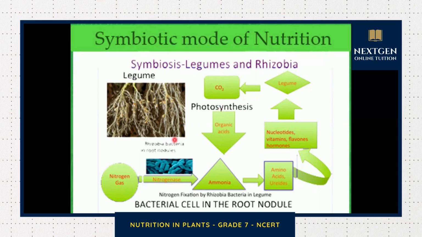The plant needs nitrogen in the soluble form. This is done by the bacterium called rhizobium. They are present in root nodules of some plants, mostly legume plants. The plants of gram, peas, mung, beans, and others. These bacteria are found in the root nodules of these plants.